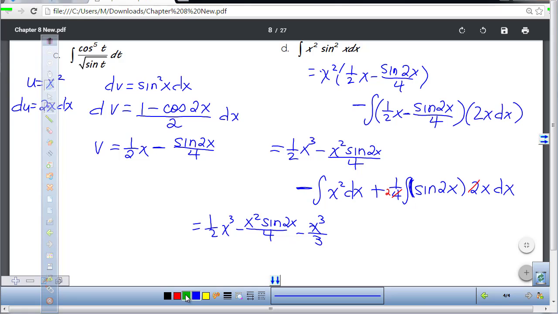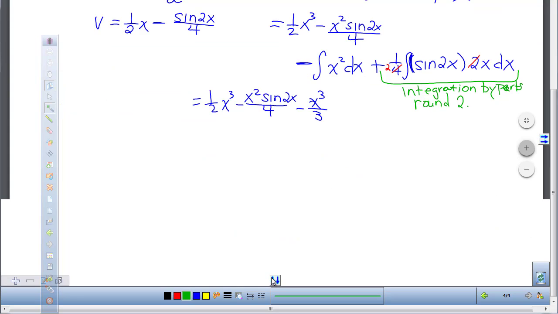So we're going to use integration by parts a second time. We're going to be integrating 1/2 sine 2x times x dx.